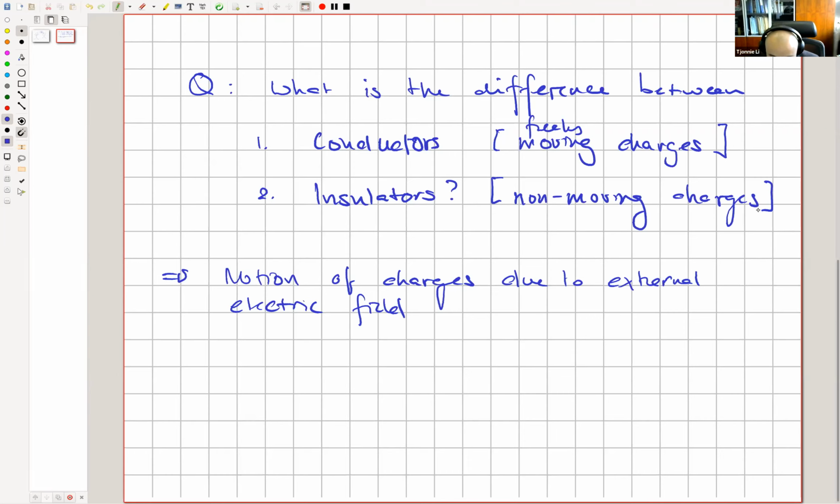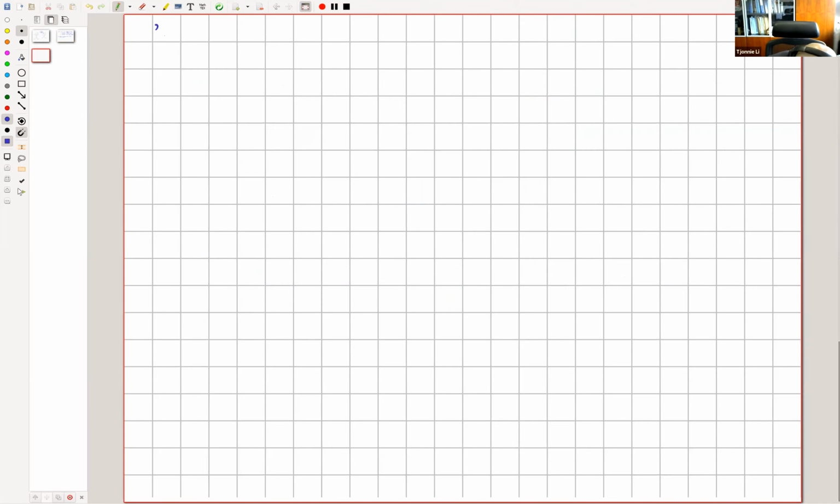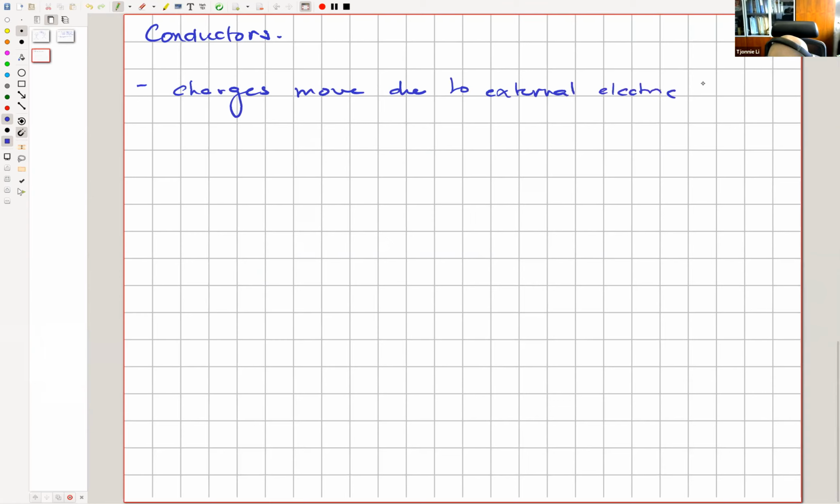So for conductors, we know that charges move due to an external electric field. And this has a consequence that the electric field inside must be zero.